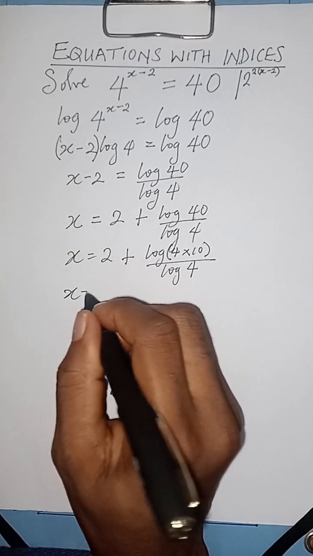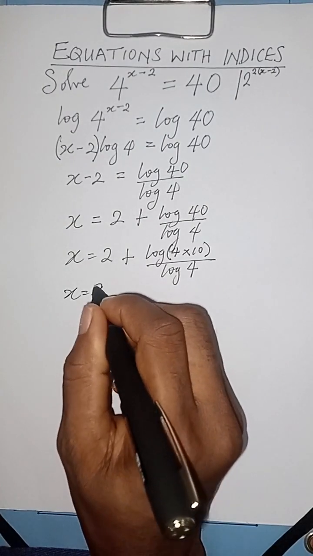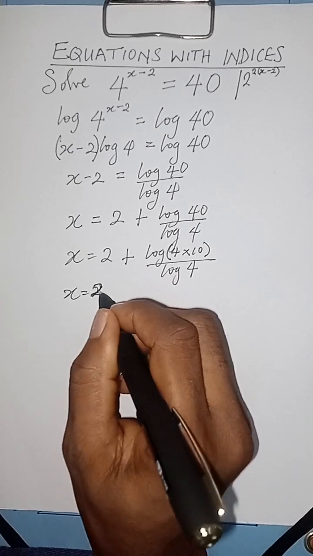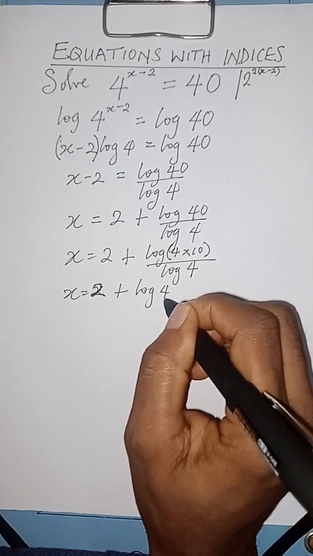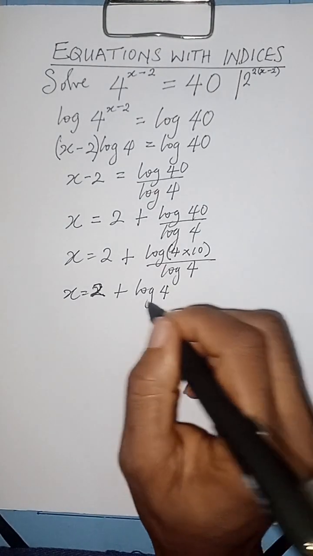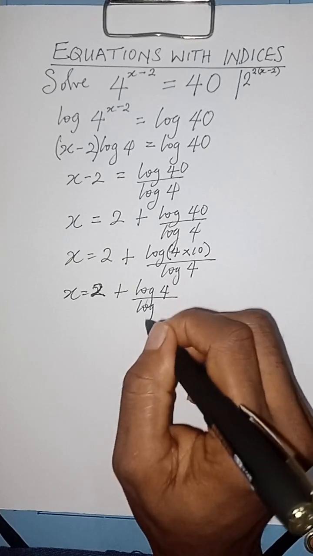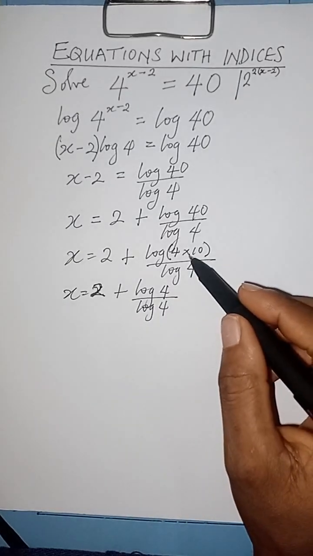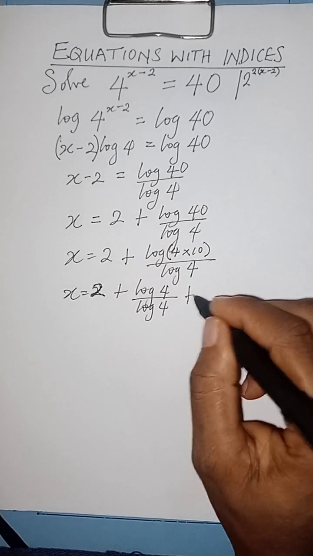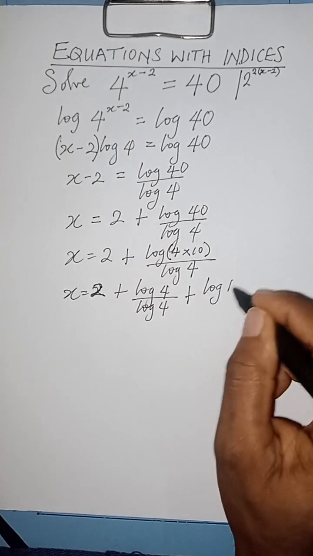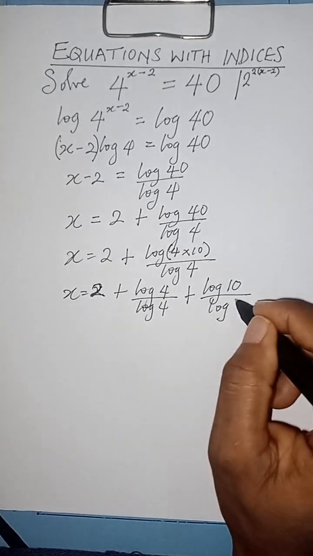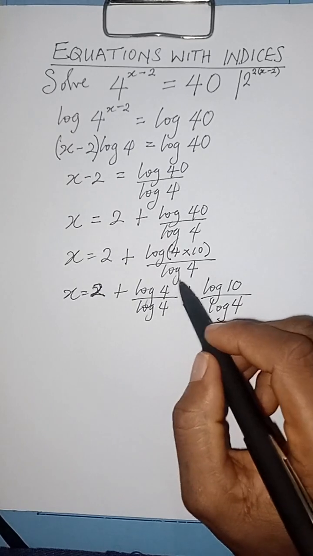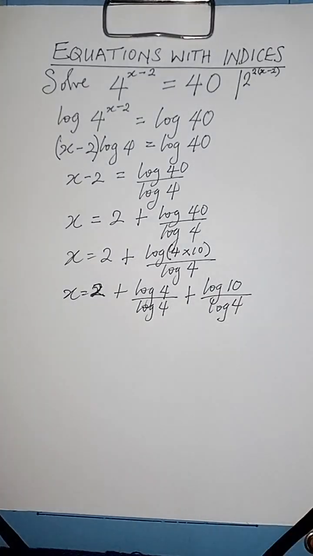And this can be expressed as 2 plus log 4 divide log 4. And in logarithm, multiplication is addition. So log 10, we're separating it, and also divide log 4, because both have log 4 as its denominator.